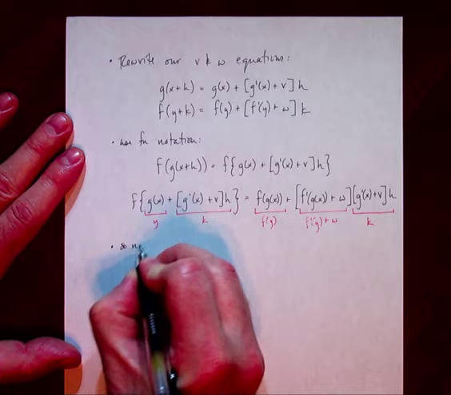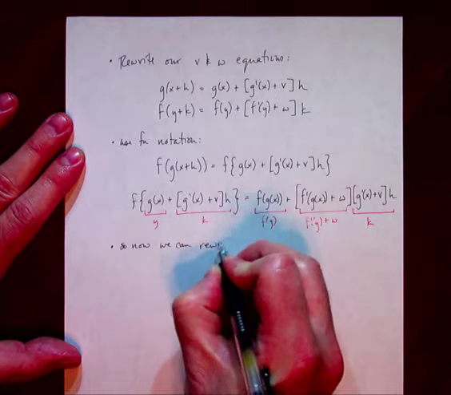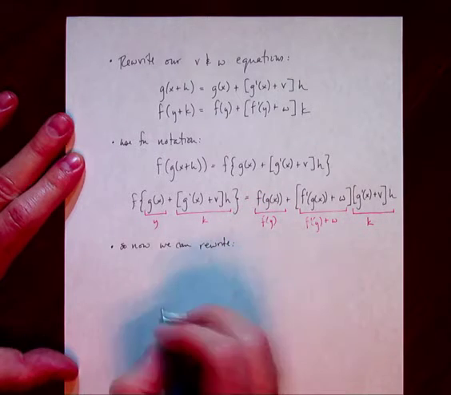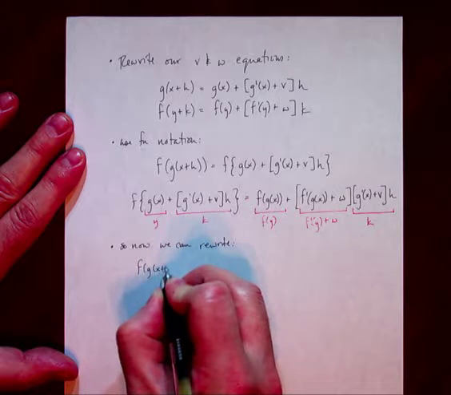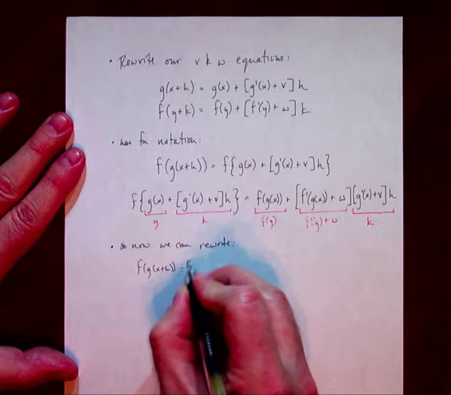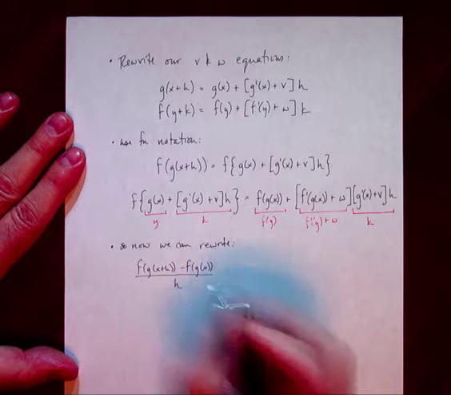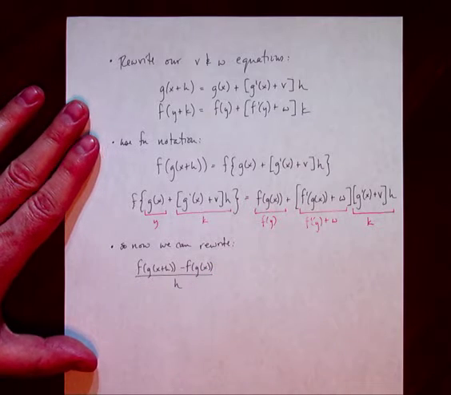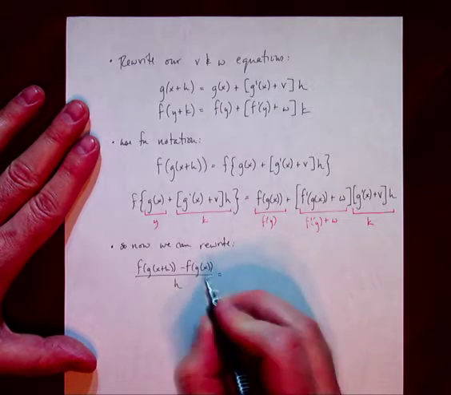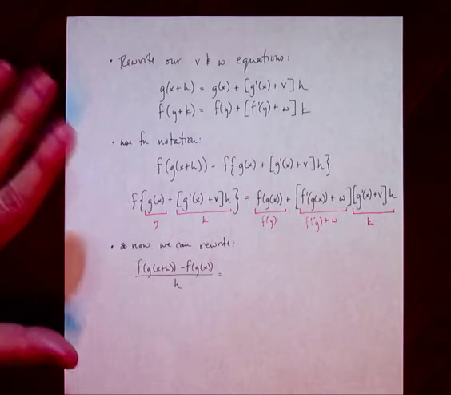So now we can rewrite, again, f of g of x plus h minus f of g of x over h. Now remember, we're going to put this into the limit in just a second, but for right now, we're going to try and rewrite it so you can play with the quantities and reveal something new.